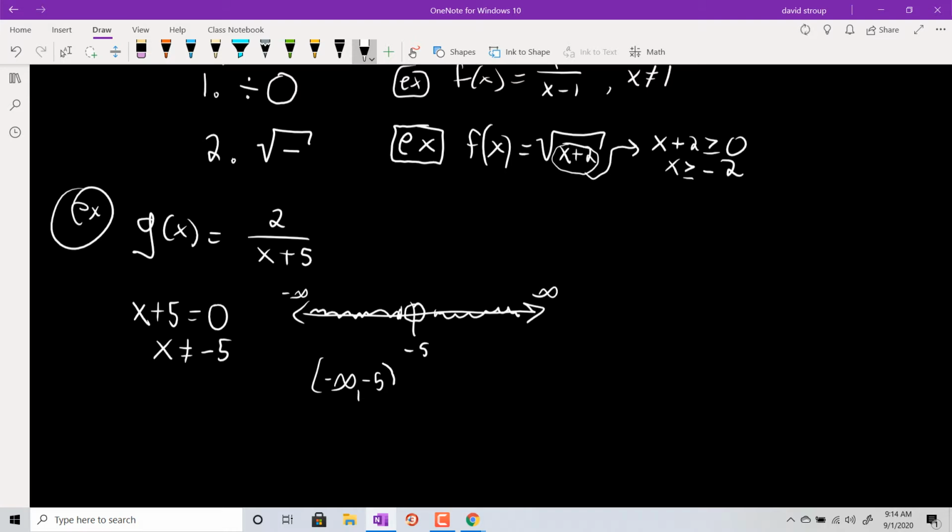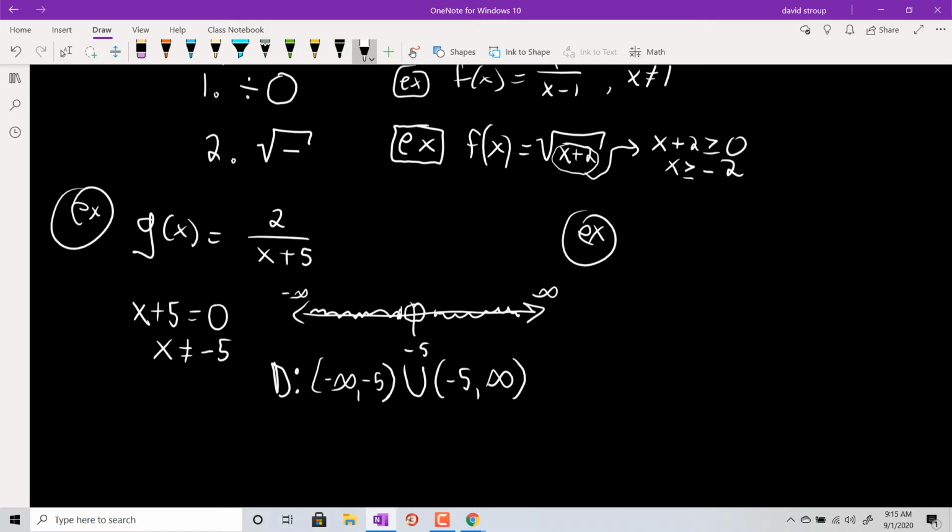I don't include -5, so I use an open parenthesis. And then I union that with -5 to infinity. And that union of intervals is the domain. So I'll just say D and then put a colon there. Okay, so that's our first example.